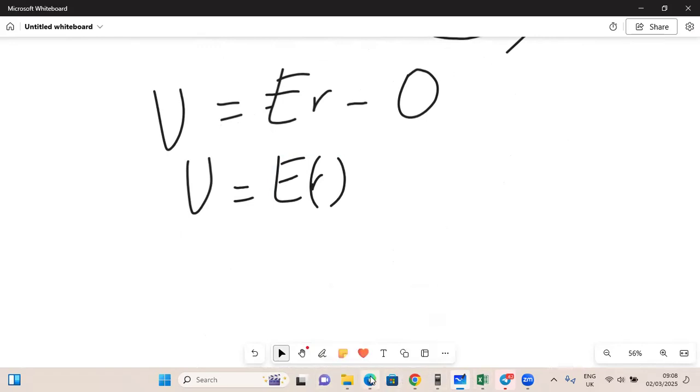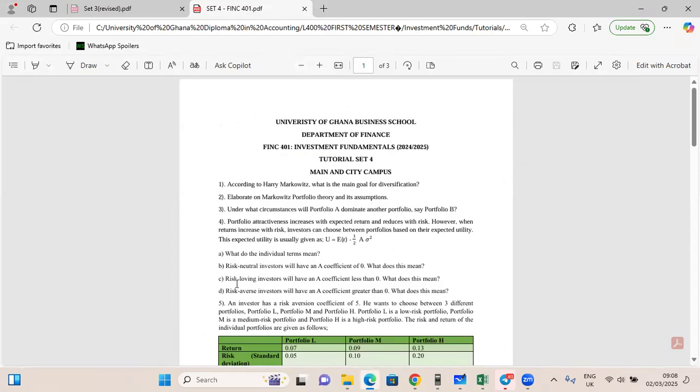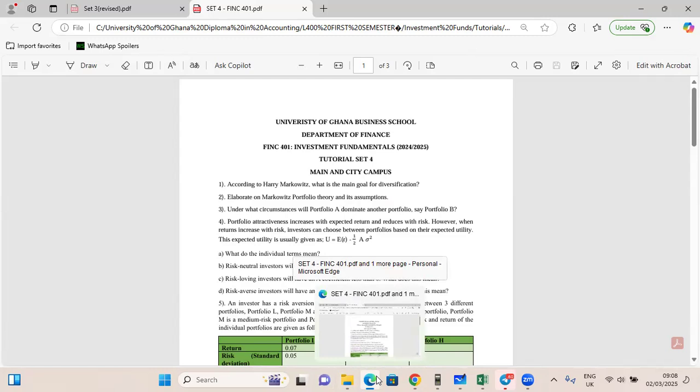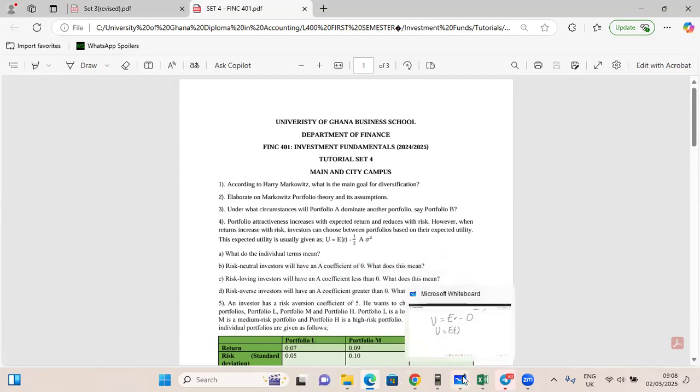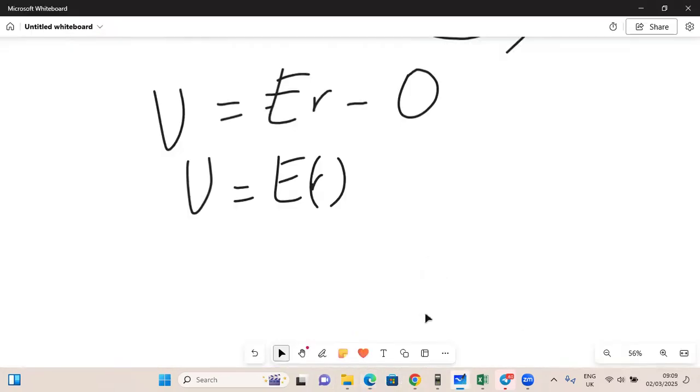So the next person is the risk loving investor, who will have a coefficient less than 0, meaning that it will be falling in the negatives, right? What does this mean? What this means is that the risk-loving investors are happy to engage in fair games and gambles.